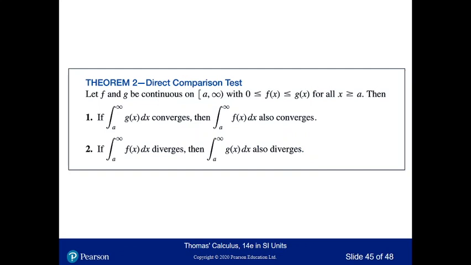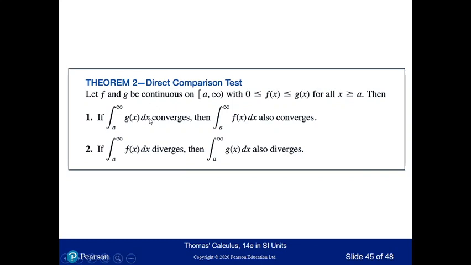Okay, we want to talk about the direct comparison test. Let's say two functions are ordered like that. They are positive functions and they are continuous from a to infinity, and g is bigger than f. Since g is bigger than f, if the area underneath the curve g is finite, then the area underneath the curve f is going to be finite too.